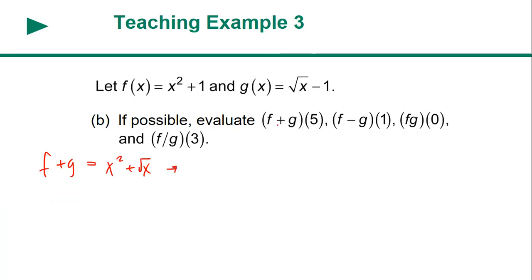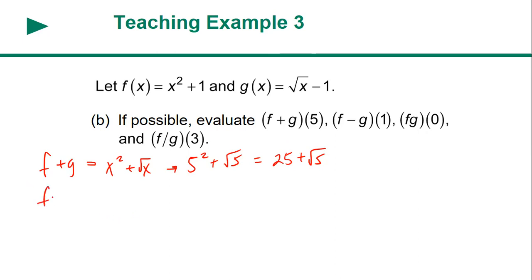So therefore, for f plus g of 5, everywhere there's an x, I'm going to plug in a 5. So we have 5 squared plus the square root of 5. And that's going to equal 25 plus the square root of 5. Okay, we're going to leave it in exact form. If it asks for approximate value, then I would go to a calculator. Does that make sense? Okay.